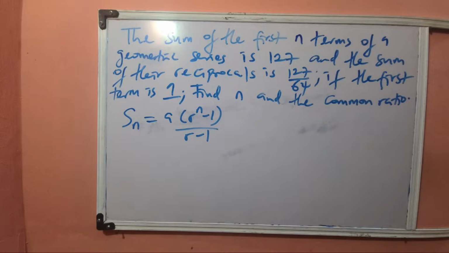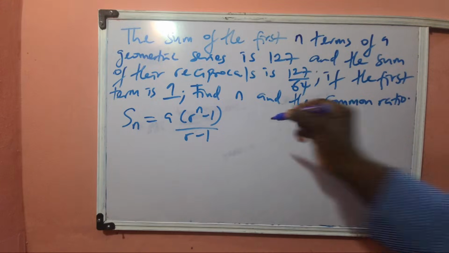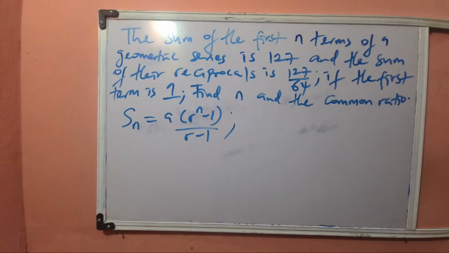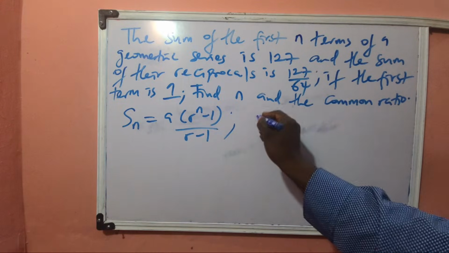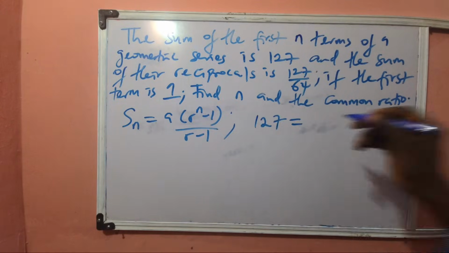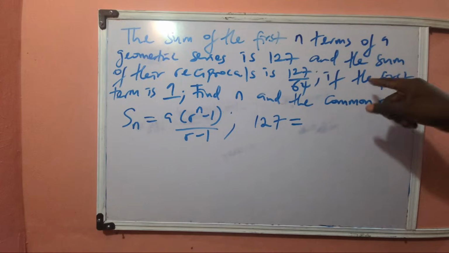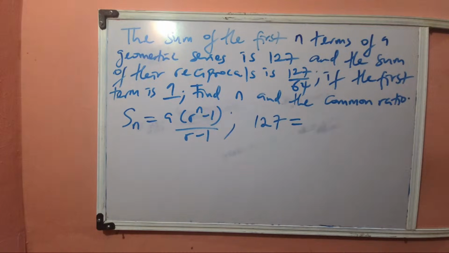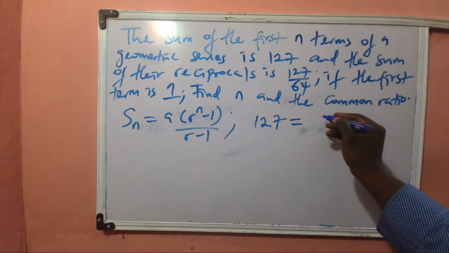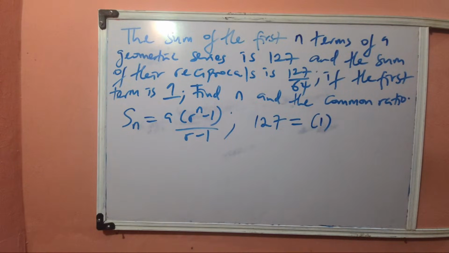They said the sum of the first n terms of a geometric series is 127. Now, this is the general term, so let me now apply it to this question. They said the sum of this term is 127. That means I can say 127 is equal to, now they said the first term is 1, that means my a now is 1. I'm sure everybody can follow.